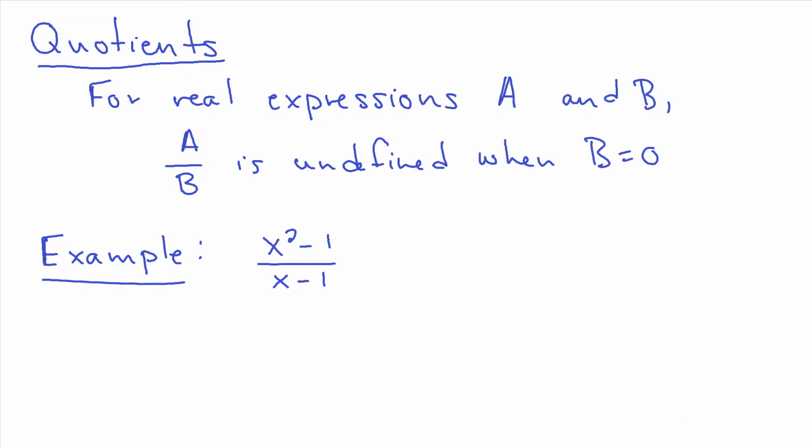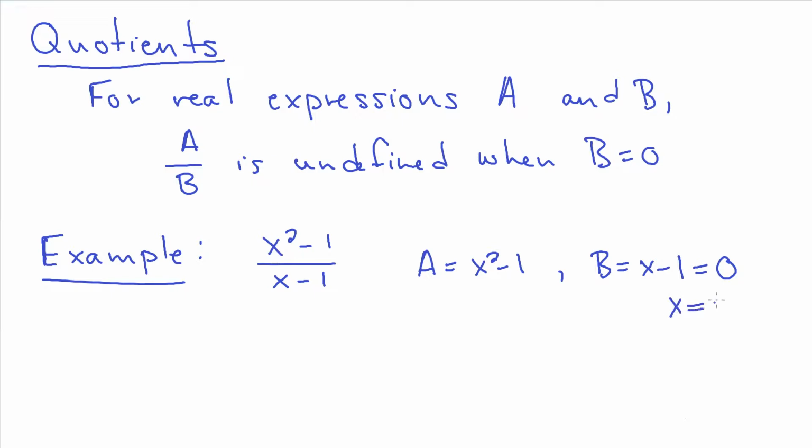If I have the rational function x squared minus 1 divided by x minus 1, in this expression, A is equal to x squared minus 1, a real expression in the numerator, and B is equal to x minus 1, another real expression, the one in the denominator. And so the original expression is undefined whenever B is 0, so whenever x minus 1 is equal to 0.